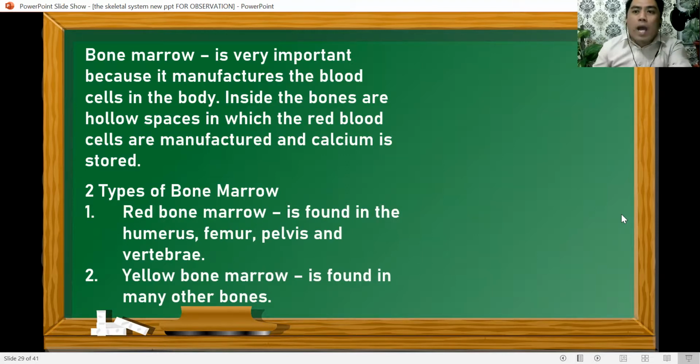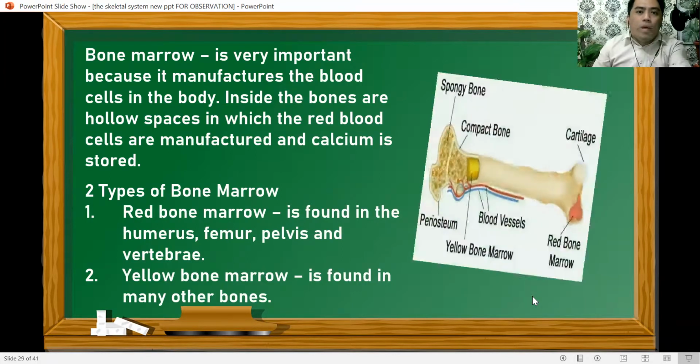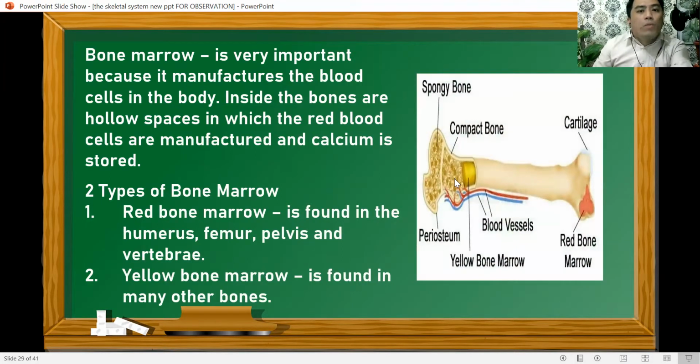So hindi yun utak ha, kasi ang utak ay nasa ulo. So, ang sinasabi nating utak diyan sa bulalo ay tinatawag, iyon ay ang totoong pangalan ay bone marrow. Okay. So dito nabubuo sa bone marrow ang ating dugo at dito rin sa loob ng buto na stored ang mga calcium na nakukuha natin sa ating pagkain.